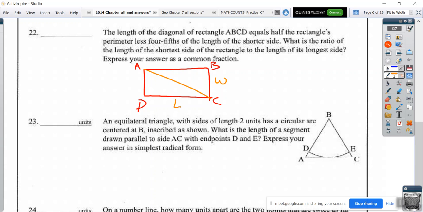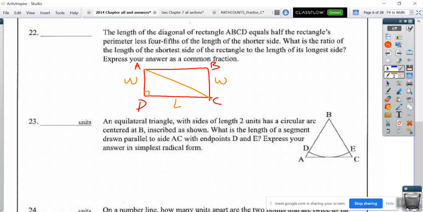Okay, so we know that the length of the diagonal equals half of the rectangle's perimeter less 4/5 of the shorter side. That's kind of a mess. So an equation we could use to find the diagonal is, since it's a rectangle, you can use the Pythagorean Theorem.